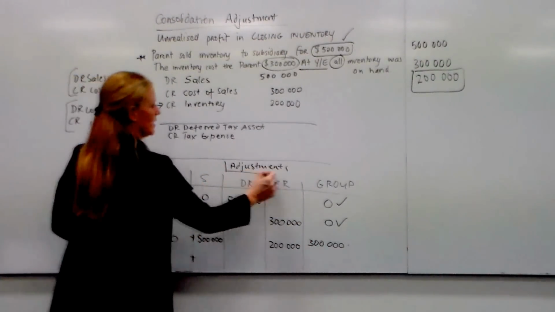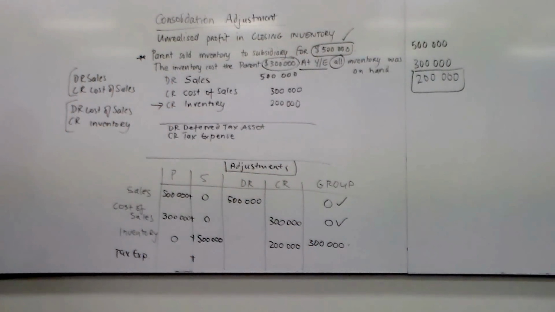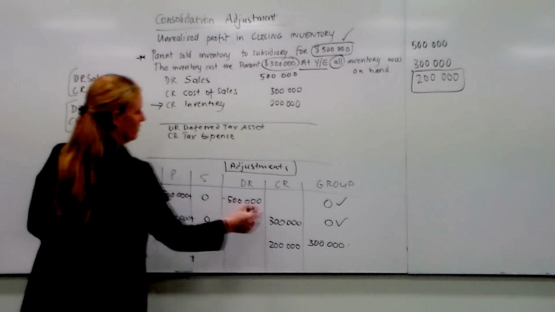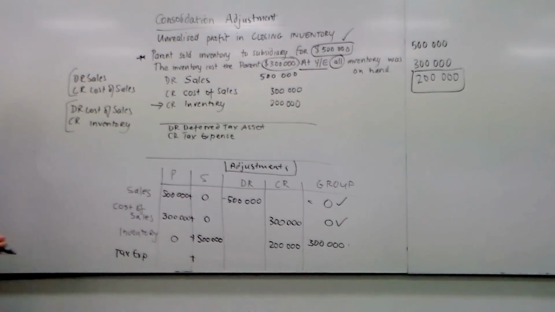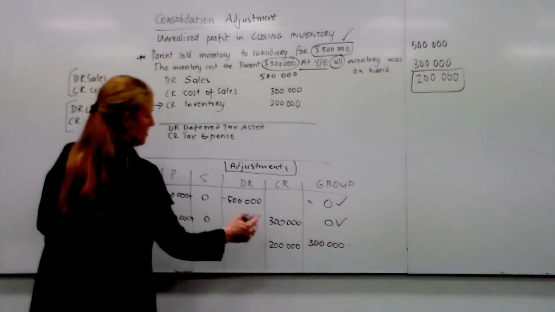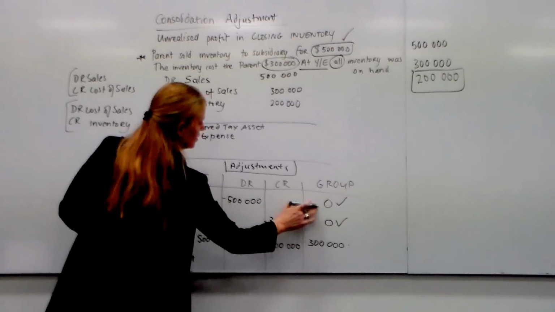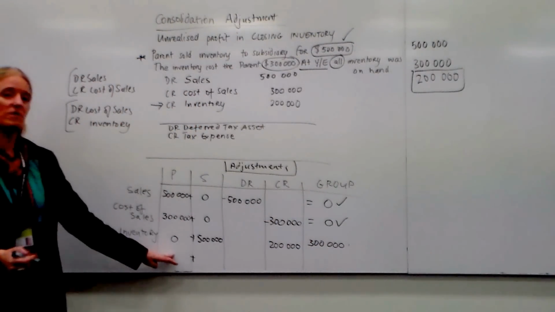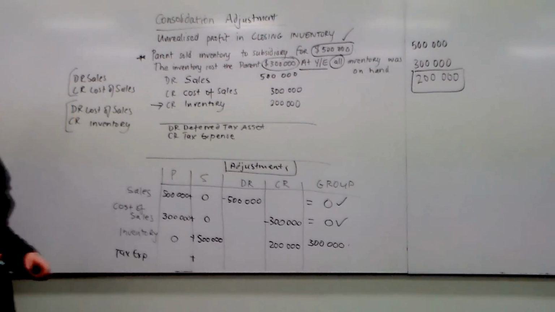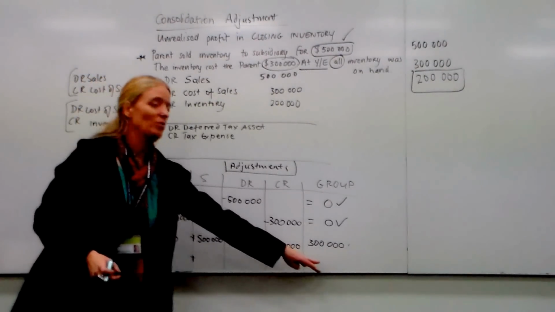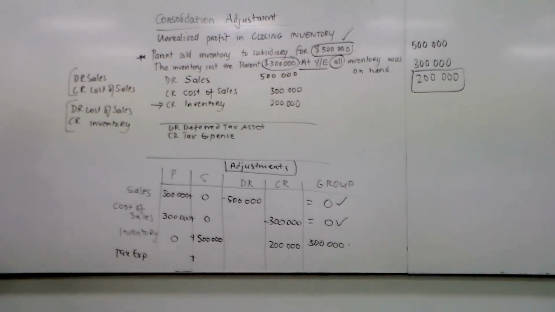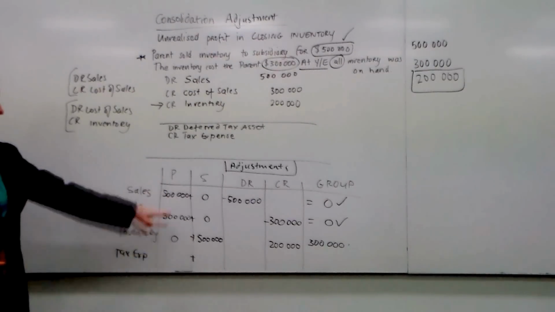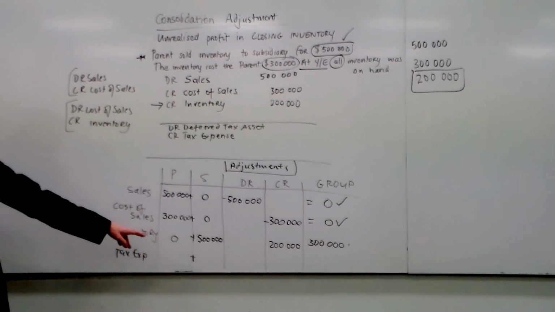Obviously, it also has to take into account any adjustments. Okay. So, for example, 500 plus 0 minus 500 equals 0. 300 plus 0 minus 300 is equal to 0. Okay. Tax expense, we're going to take the tax expense of the parent, tax expense of the subsidiary, make any adjustments, and get the group figure. Obviously, the parent would have recognized a profit here of 200,000.